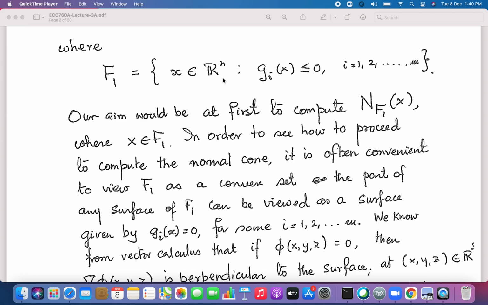So you will have g(x,y,z) less than or equal to 0. It will be a surface because g(x,y,z) equal to 0 is a surface. Less than or equal to 0 means everything below the surface.